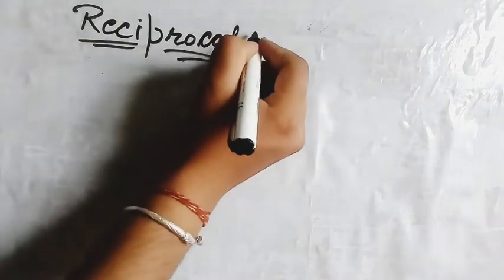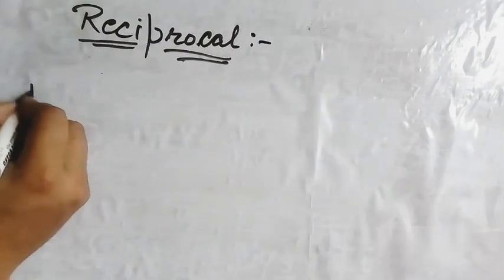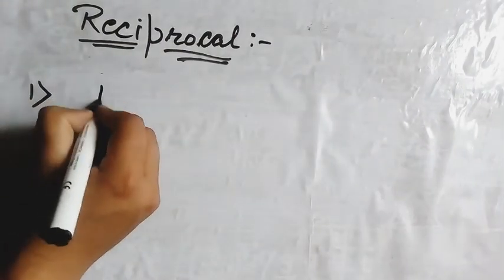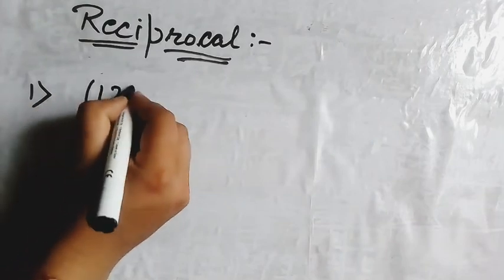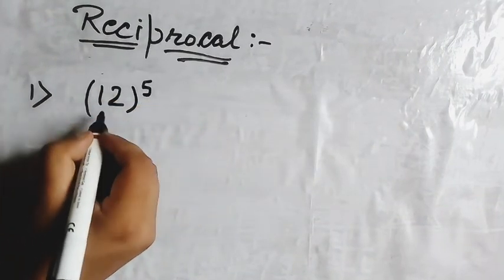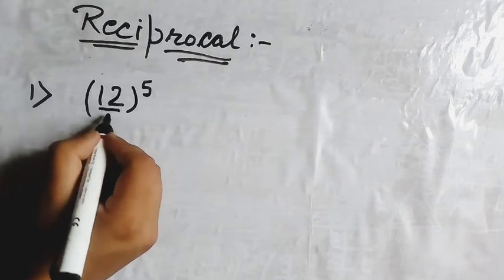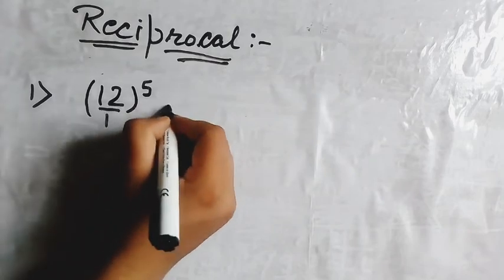Now let us see one more topic, that is how to find out the reciprocal. If the number is in exponential form, means we have to find out the reciprocal of 12 raised to power 5.